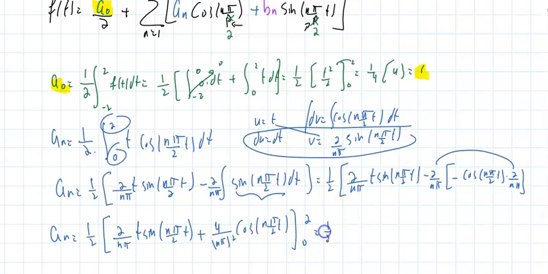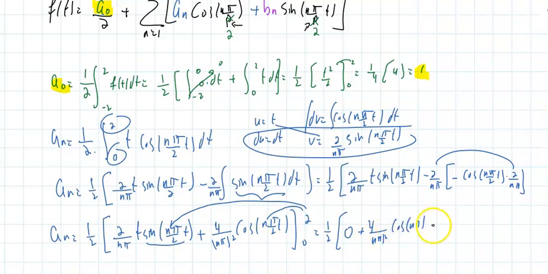Let's see what happens when we put the 2 in. If I put a 2 right there, the 2's cancel out. The sine of pi is 0. If I put a 2 right there, they cancel out. I will get 4 over n pi squared, the cosine of n pi, okay, very good, minus.